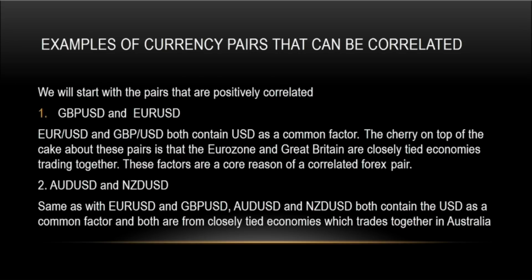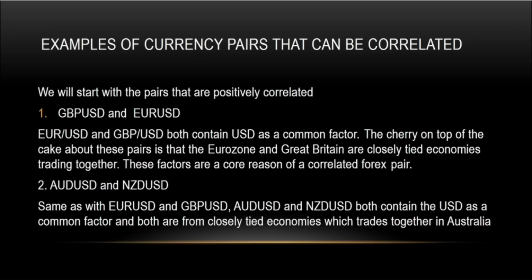EUR/USD and GBP/USD both contain USD as a common factor. That's the first thing. The cherry on top is that the Eurozone and Great Britain are closely tied economies which trade together. These factors are the core reasons why these pairs can be viewed as correlated.